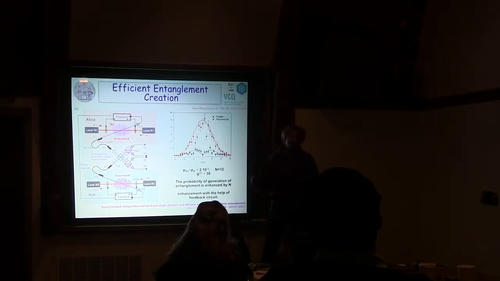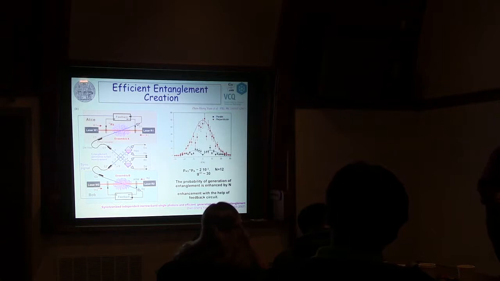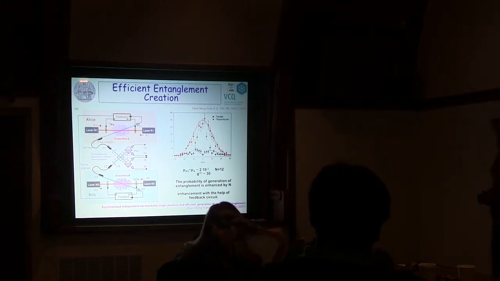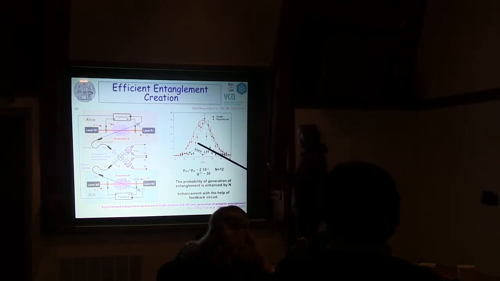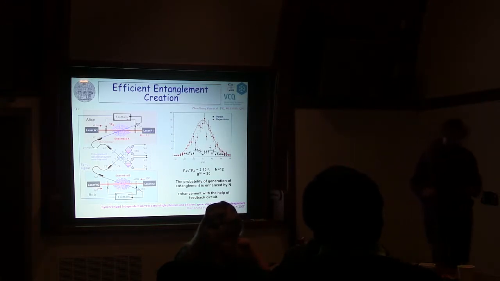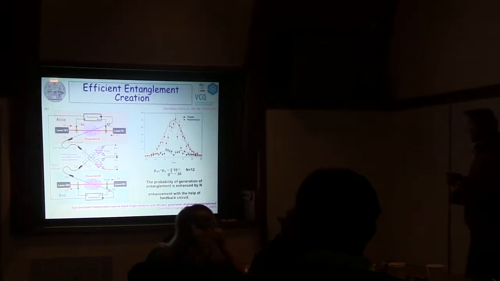So this is one of the ways that people think you can get rid of the problem of creating massively entangled states in photonic quantum computation. You do this not only with two, but with many, many of these systems. So this is number one.